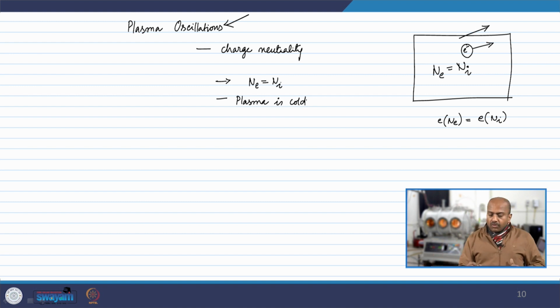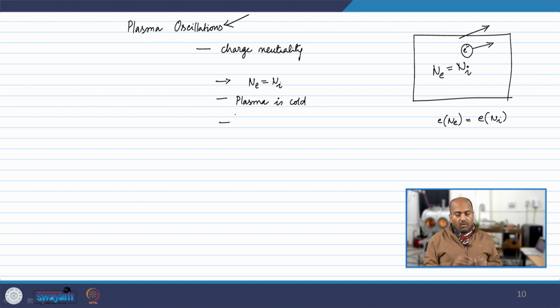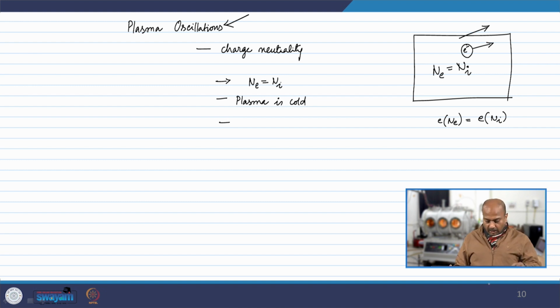Now, let us perturb the system by picking up some electrons and moving them away from their initial position to some other position. The displacement of electrons away from a region produces an electric field, and a positively charged region will form where electrons are displaced away from. It will look something like this.